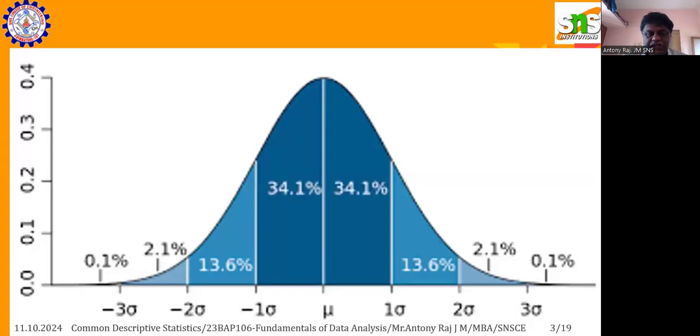Now you can see this is a visual representation, and this shape is in the form of a bell curve. We have two things: on the x-axis we have the deviations, that is the standard deviations, and on the y-axis we have the frequency of occurrence of these deviations.